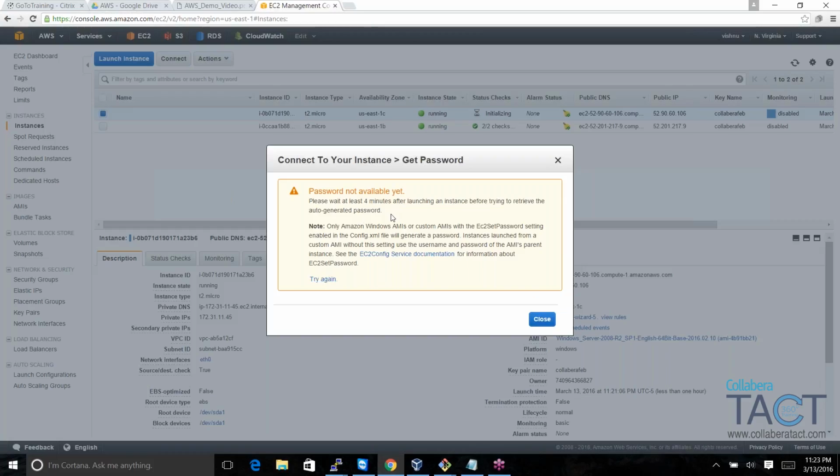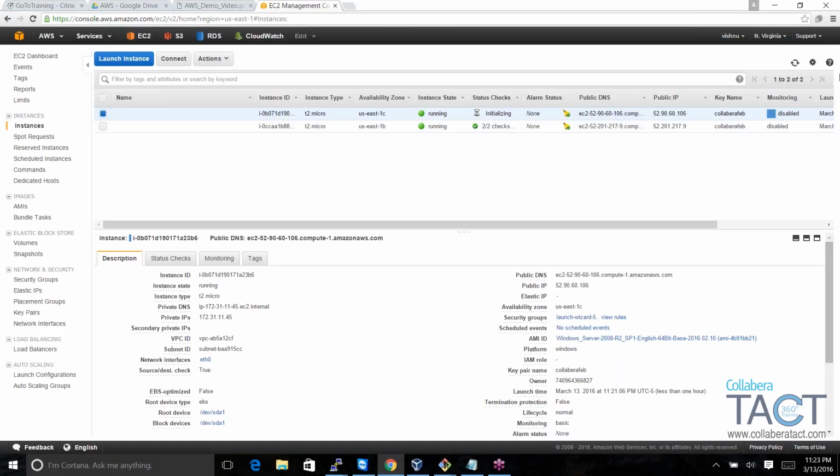Machine is still coming up. Download remote desktop file. Once I click this, because this is a Windows machine, obviously it's going to take a bit longer to boot. I think the booting is in progress.